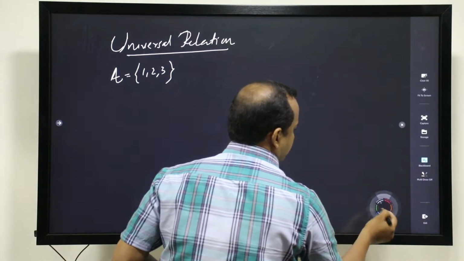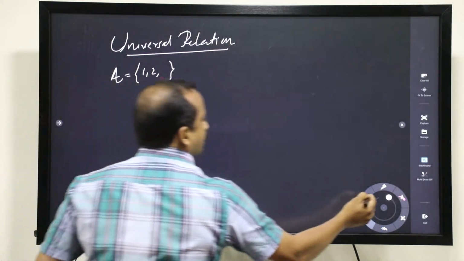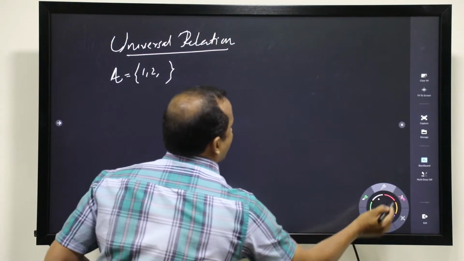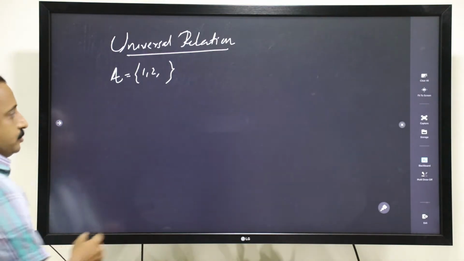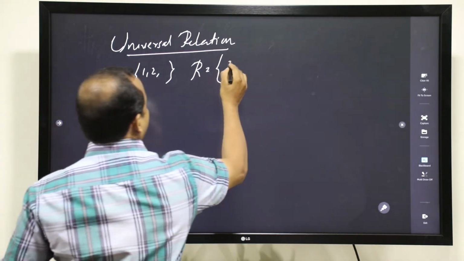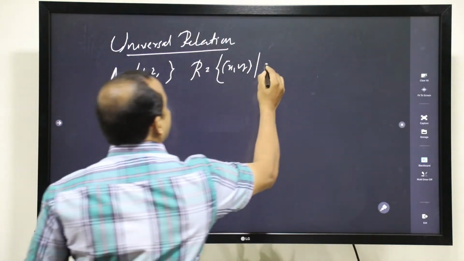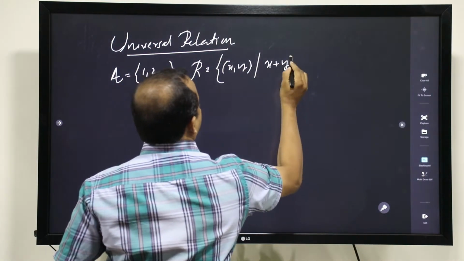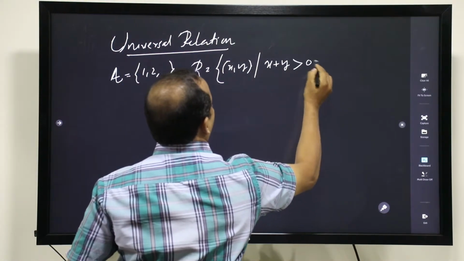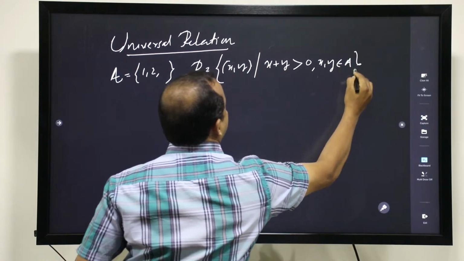We write a simple example: A is equal to 1, 2. We form a relation R equal to x comma y such that x plus y is greater than 0, where x comma y is an element of the given set A.